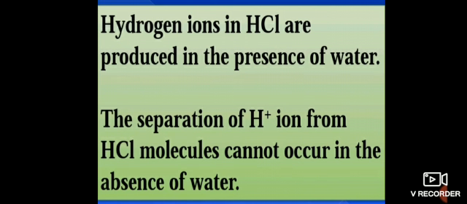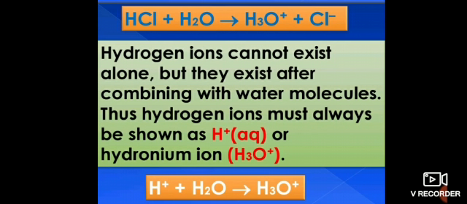Hydrogen ions in HCl are produced in the presence of water. The separation of H+ ion from HCl molecules cannot occur in the absence of water. So, HCl when reacts with water forms H3O+ and Cl-.